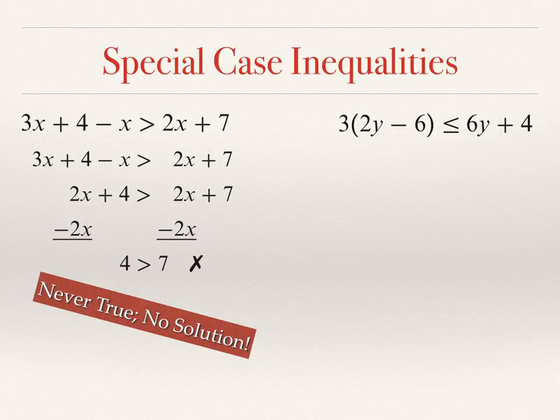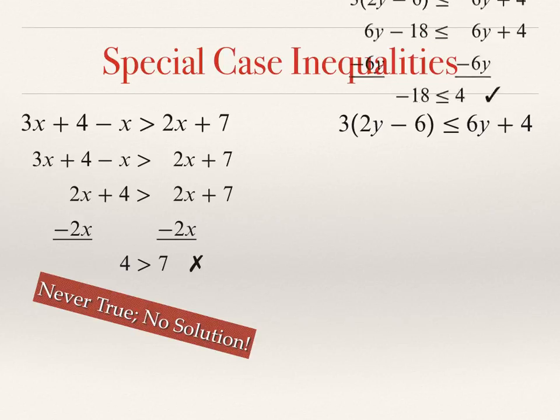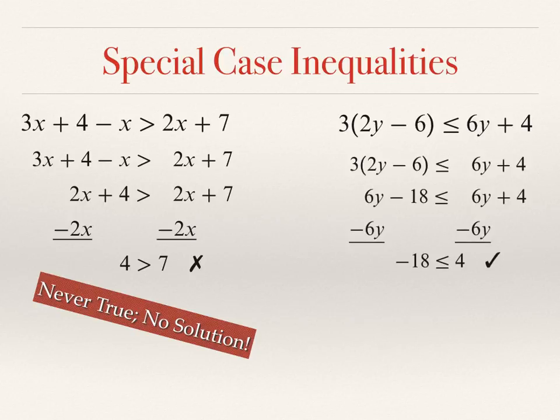Now on the right-hand side, we will distribute the 3 into the parentheses. We will then combine like terms, but when we do all that, we end up with something that will also make you stop and look twice. This one has no variable in the solution.